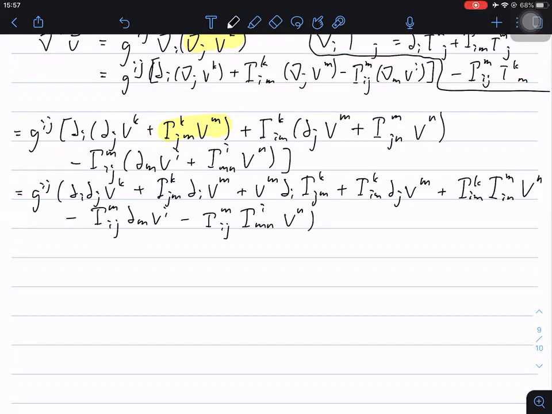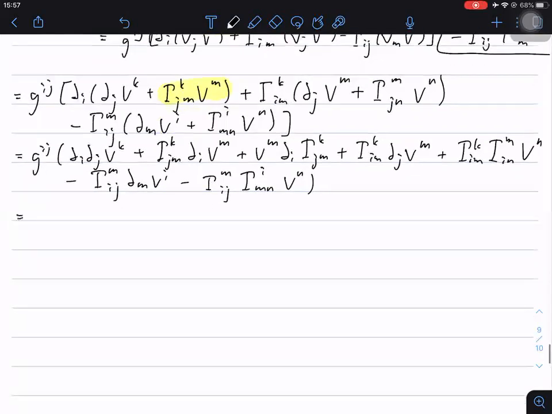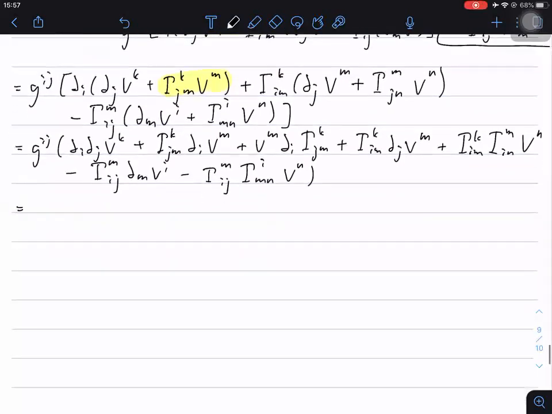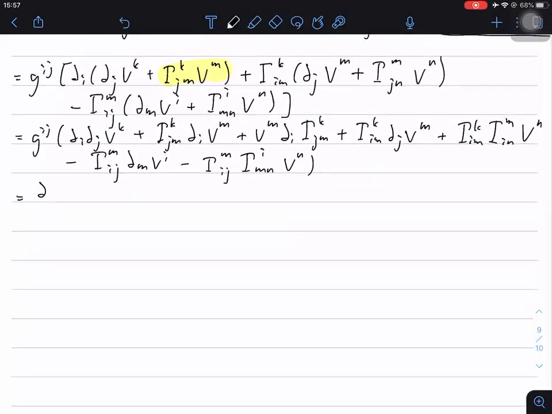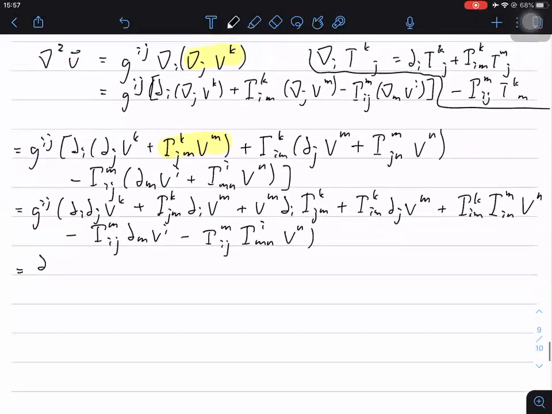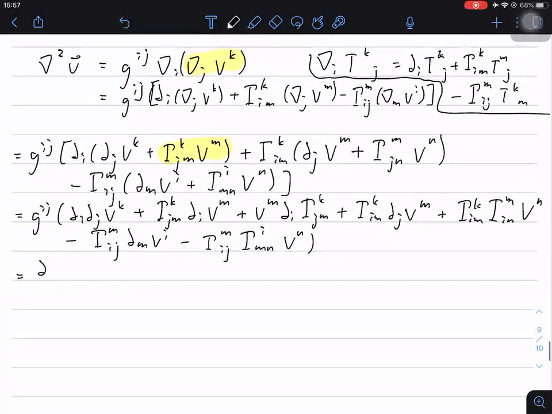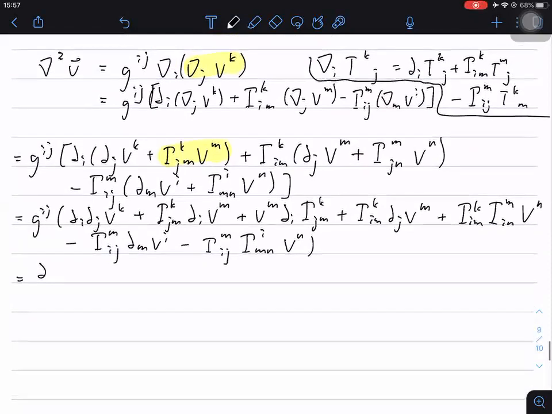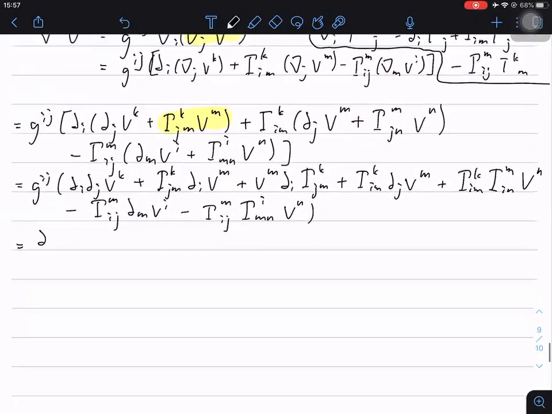Again, for g_ij, we only have diagonal terms. So the most straightforward thing is, let me see if I can simplify things a little bit more. Okay, never mind.